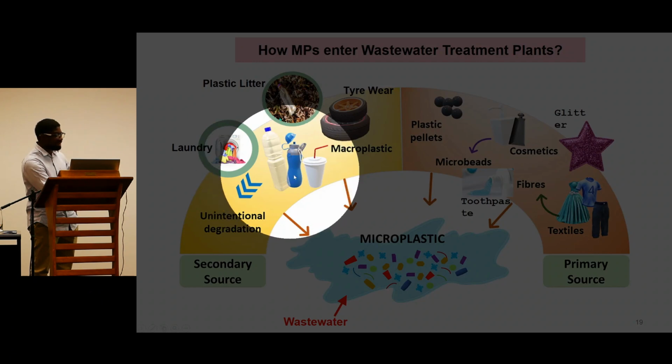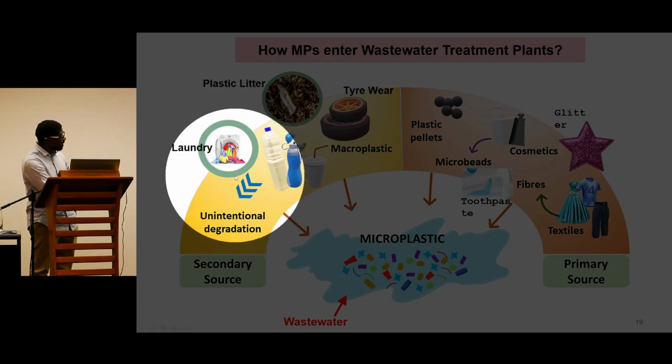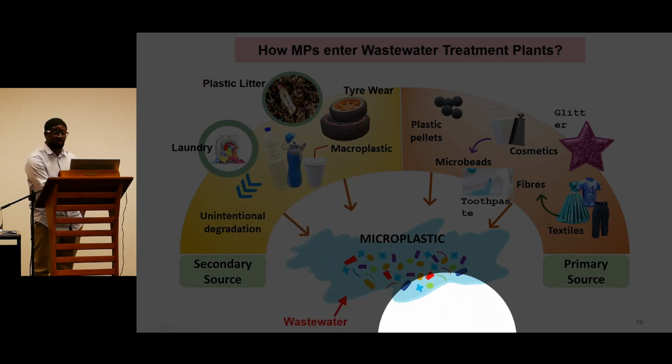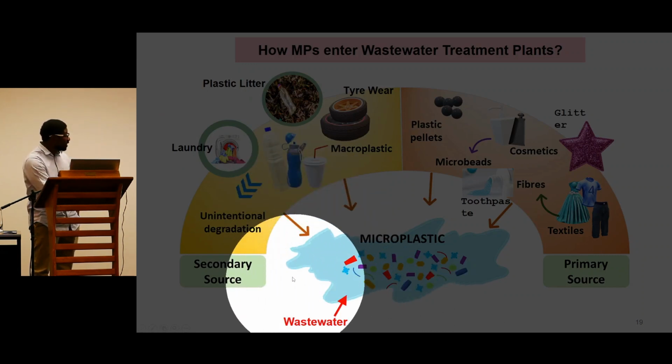That is a lot. So this laundry wastewater carries lots of microplastics, and they become part of the wastewater that heads down to the wastewater treatment plants to be treated.